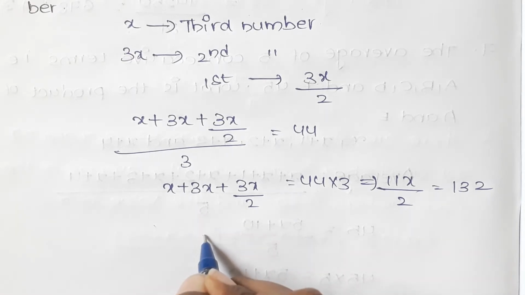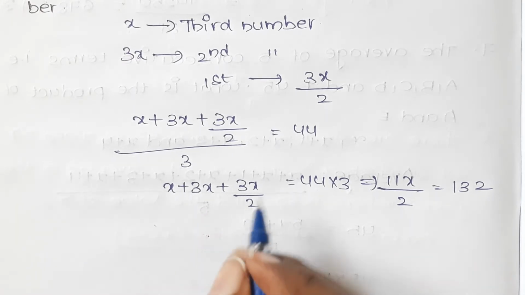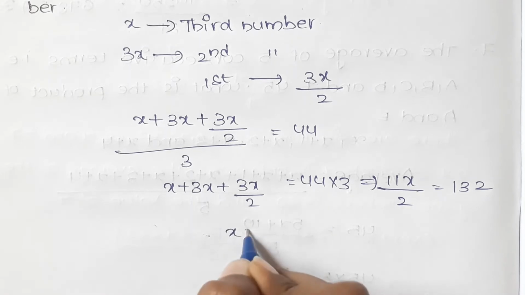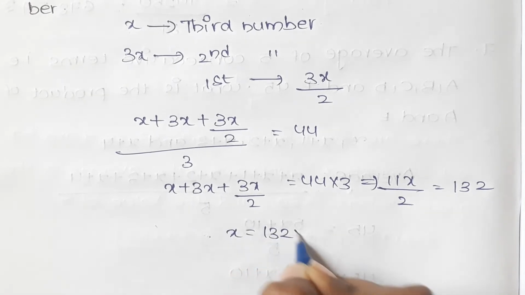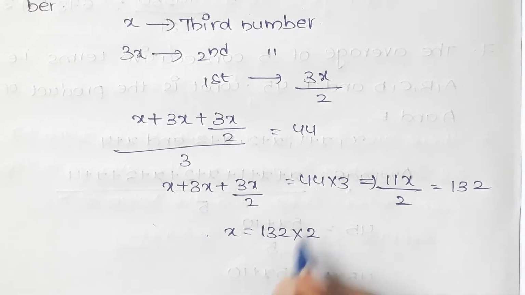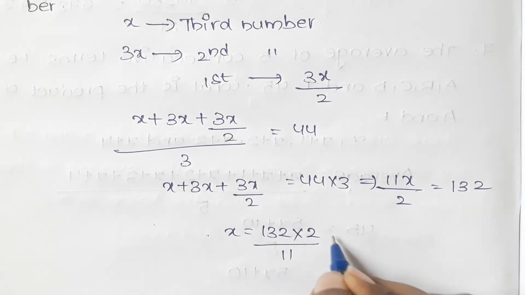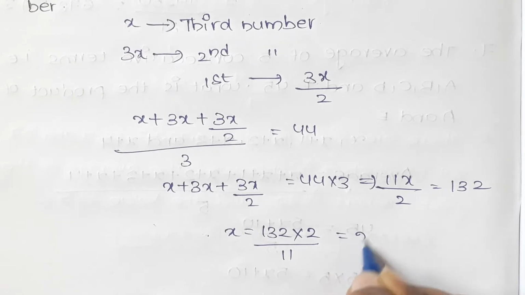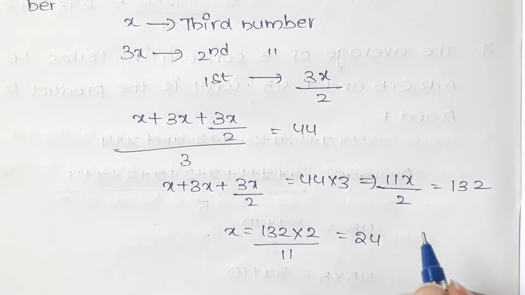Now finally the x value: x equals 132 into 2, taken to the other side it gets multiplied, divided by 11. Finally the answer is x equals 24.